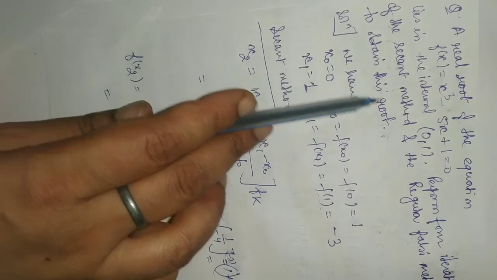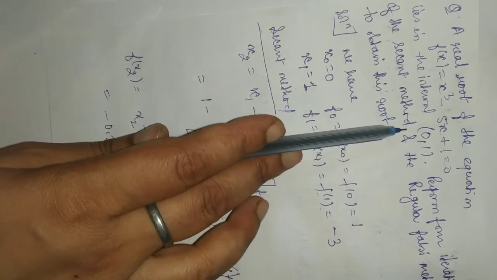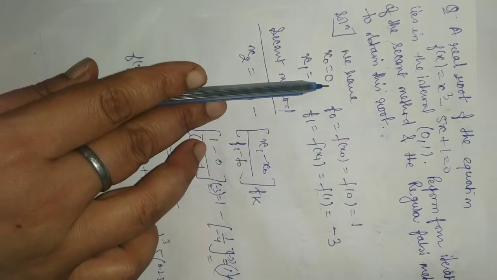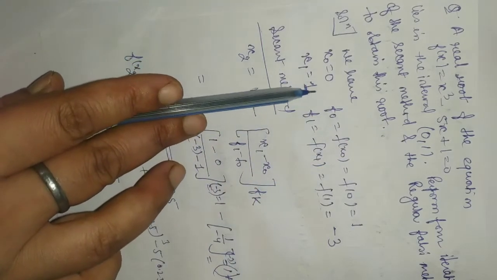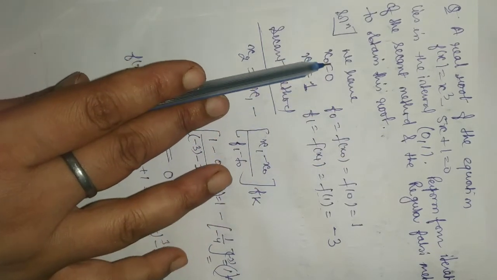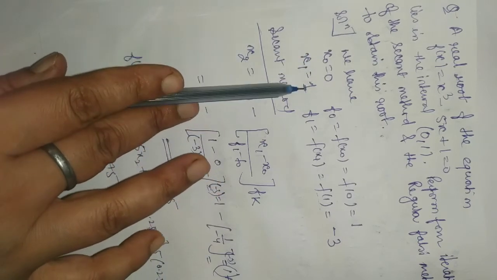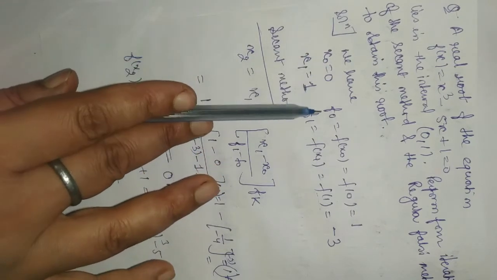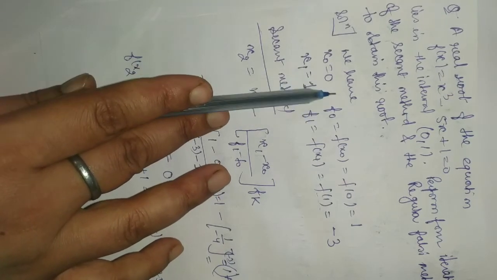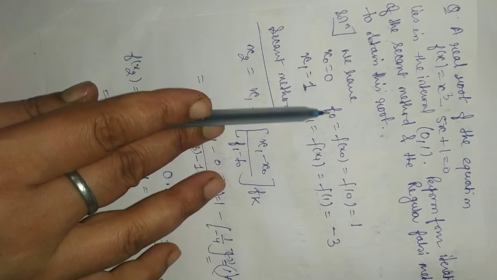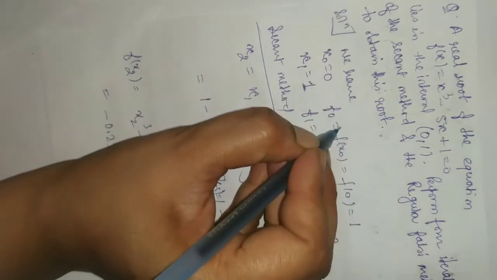Now we are given 0 and 1, so let's take x0 equal to 0 and x1 equal to 1. Now we have to find the value of the function at x0 equal to 0. We know how to find the function's value.